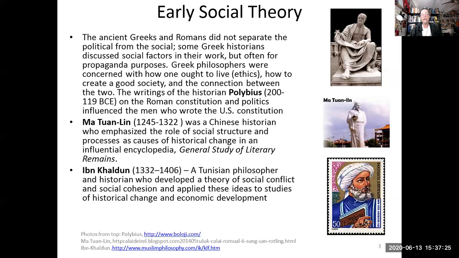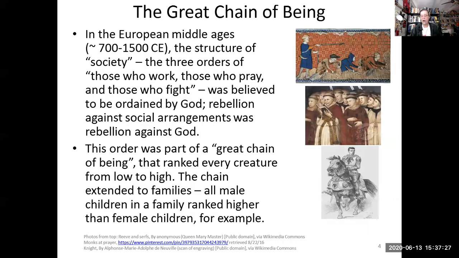There are many others as well. I think I may have mentioned this idea in the European Middle Ages, and this is relevant to this course because, as I said, most of these early social theorists are European. This would have been part of their stock of knowledge. The idea of the great chain of being, which was widely believed in Europe for nearly 1,000 years.